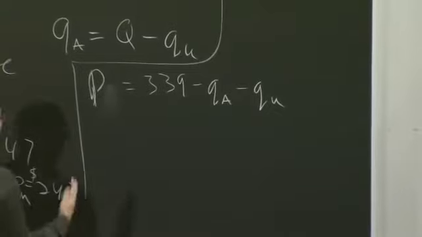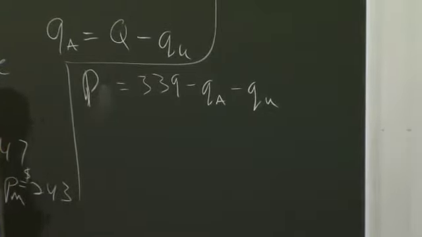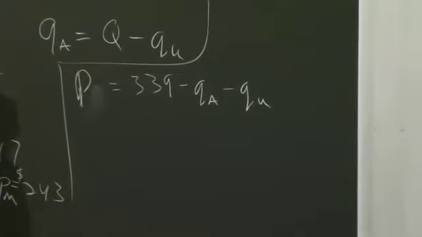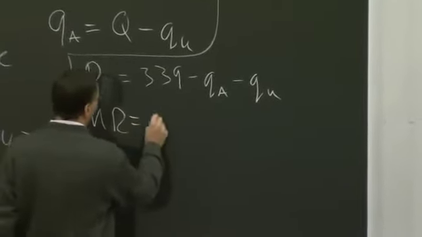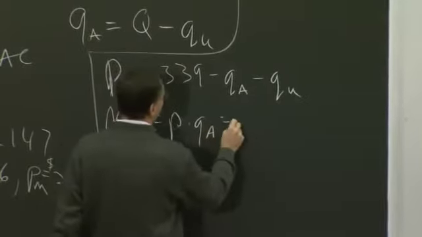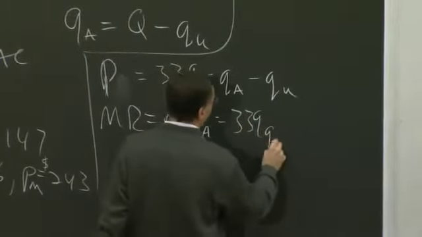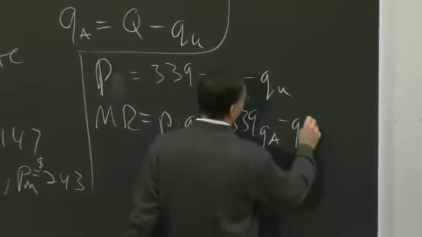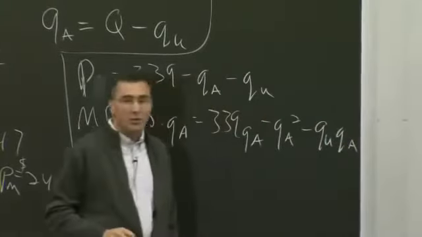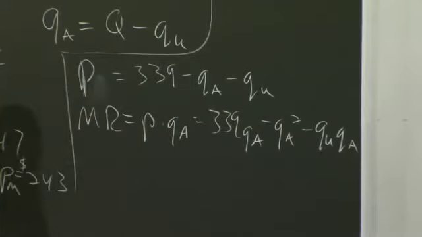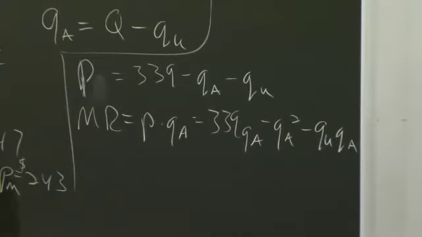So American says, I need to optimize with respect to what I can control, which is Q sub A. How does it do it? It computes marginal revenue. Revenue is P times Q sub A, so that's 339 Q sub A minus Q sub A squared minus Q sub U Q sub A, just multiplying through. That's their revenue function.